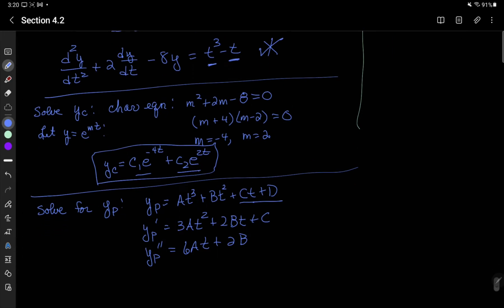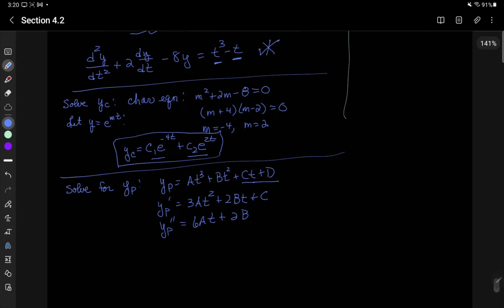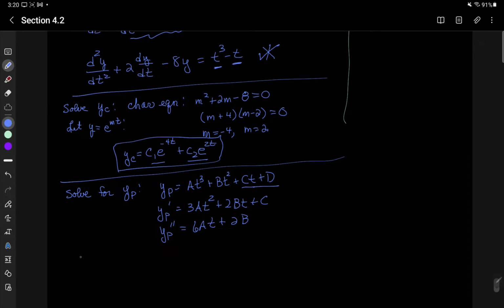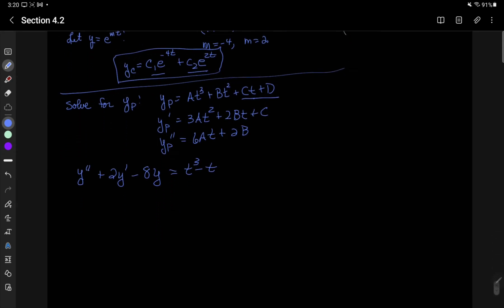So substituting into that original equation, I'm going to just rewrite it. Second derivative plus 2 times my first derivative minus 8y equals t to the third minus t. So I'll substitute in and solve for a, b, c, and d.